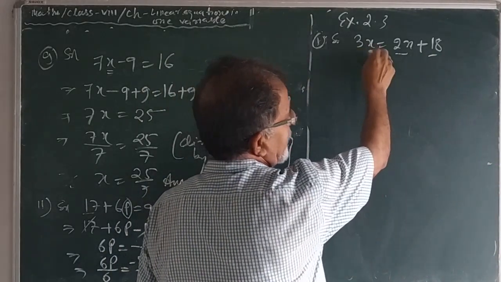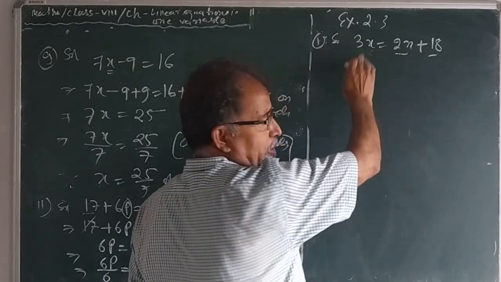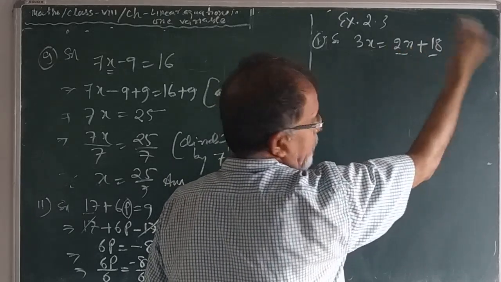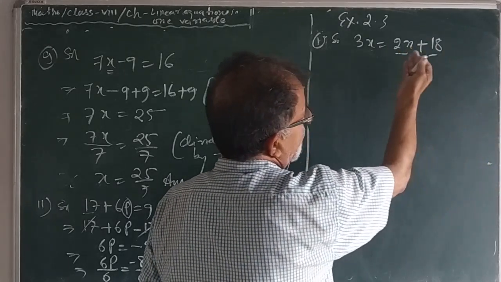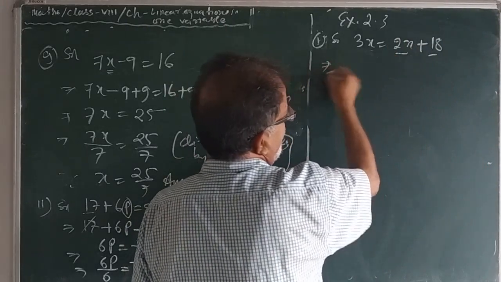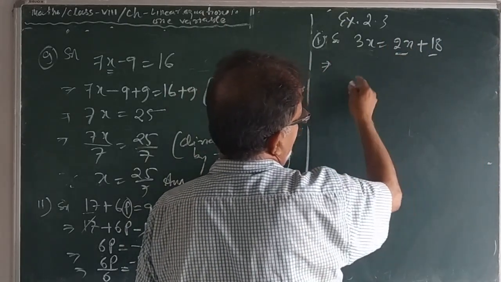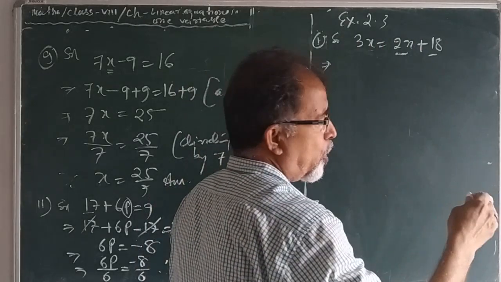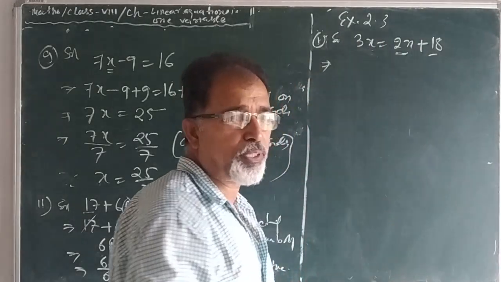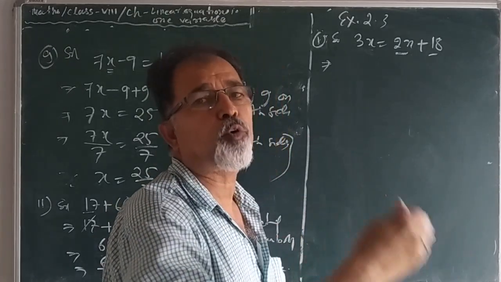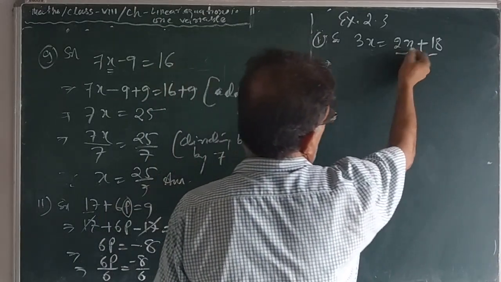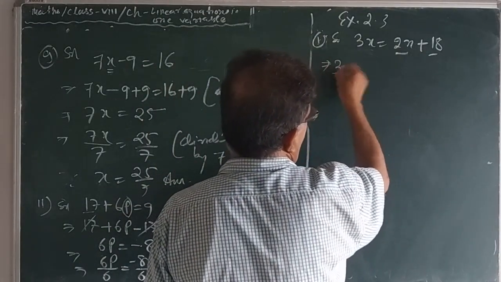On the left hand side 3x is the variable, and therefore this 3x will remain on the left side only, 2x on the right side, and therefore 2x will be transposed to the left hand side by changing the sign. In the rules I have already explained that all variable terms will be transposed to the left hand side and all constant terms to the right hand side. So let us transpose 2x to the left hand side by changing the sign.